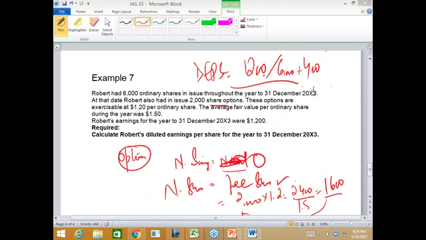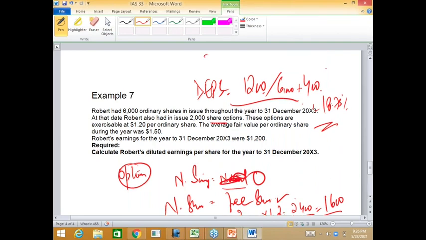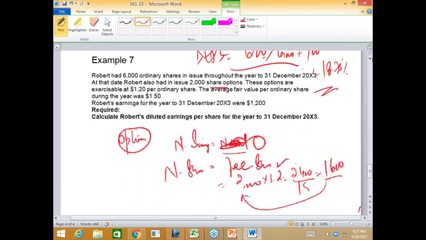So the EPS will be 18.75. So 400 is the free shares that you get.